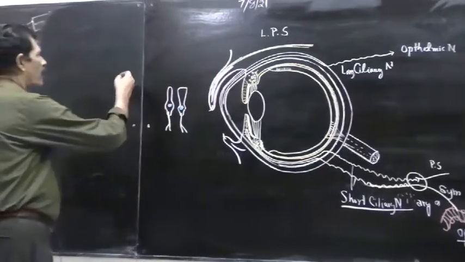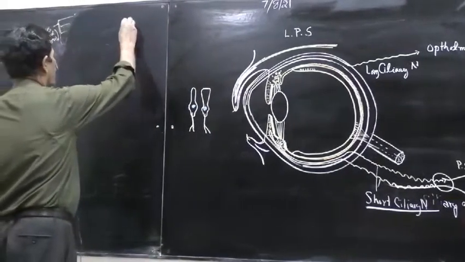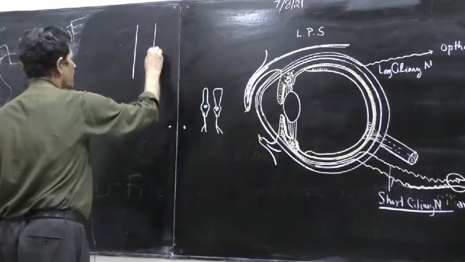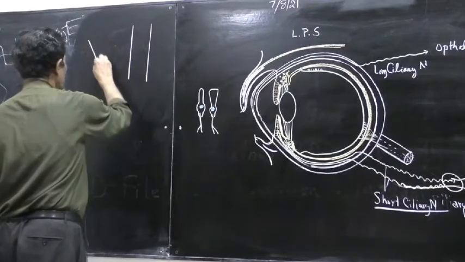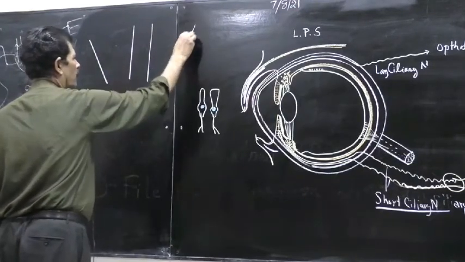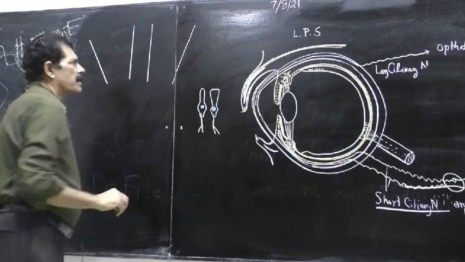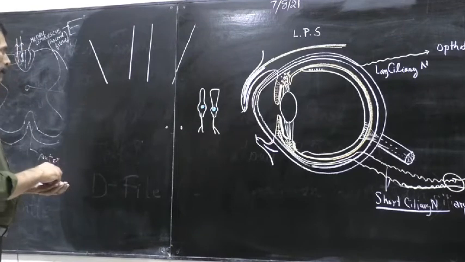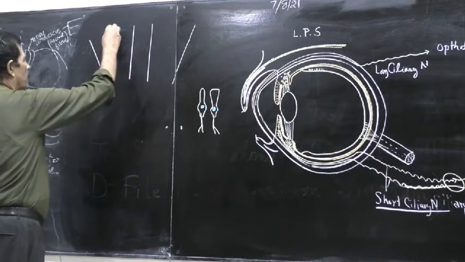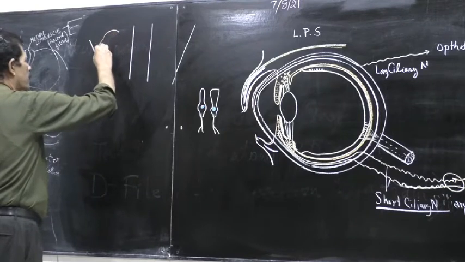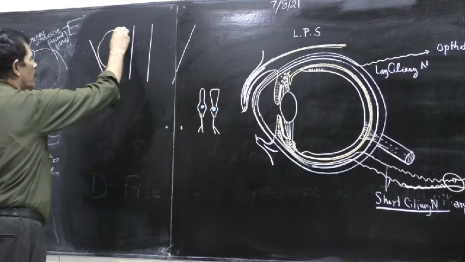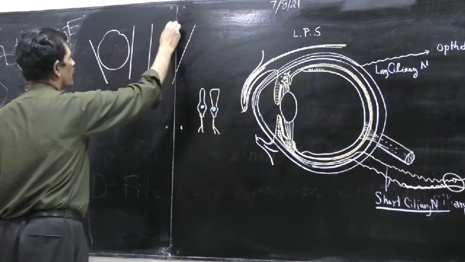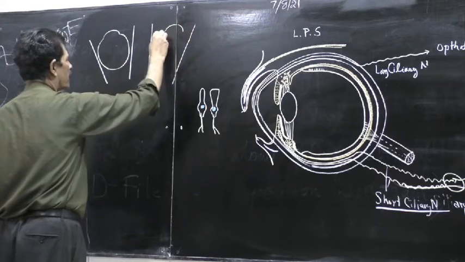So as we have already told you, the eyes lie in the bony orbit, whose medial wall is straight but the lateral wall is oblique, in the skull. Every eyeball is present in the bony orbit, right and left eye.